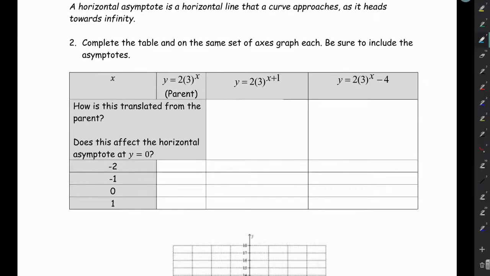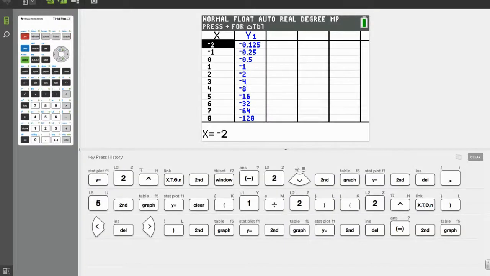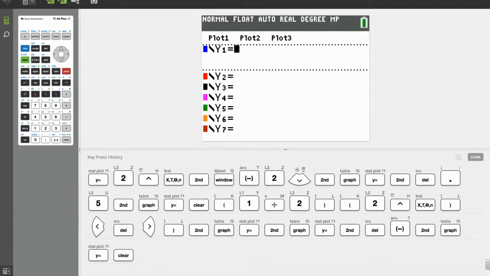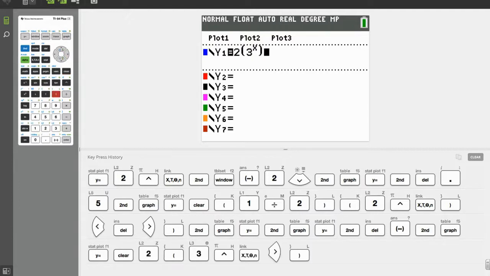Complete the table on the same set of axes, and then this time we're saying be sure to include your asymptotes. All right, so we have our parent function 2 times 3 to the x. So let's graph that first. Go to y equals 2 times 3 to the x.